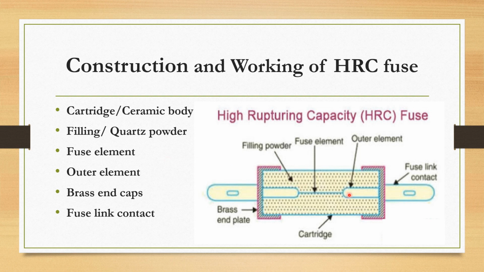This bridge of the fuse element is getting melted, and it produces a break in the circuit. And as there is a break in the circuit, in between the air, current will try to continue its path in the form of an arc, and that is how the arc is produced.